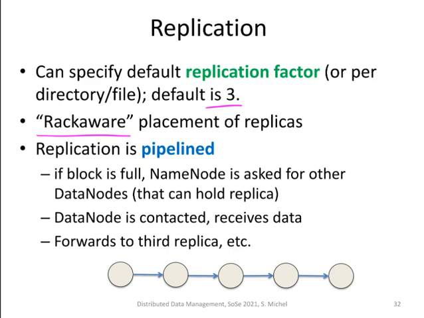So whenever you're writing a block, then this block will be written to a full extent. And then the name node is asked for another data node that can hold the replica of this block. And then this data node is contacted, receives data, and the data will be forwarded to the third replica and so on in a pipeline. And this is one way you can implement replication, of course, and this is how it was done in Hadoop.